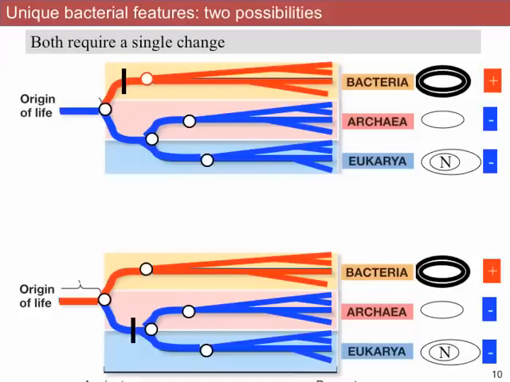If we compare these two hypotheses to each other, they both require one character state change. So given this information and this information alone, we can't distinguish which of these two patterns is the best pattern. That makes sense what we're doing here?